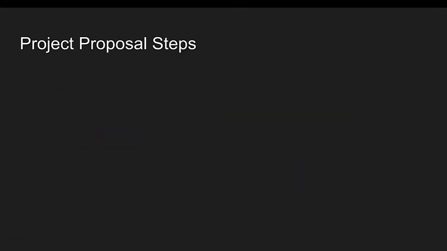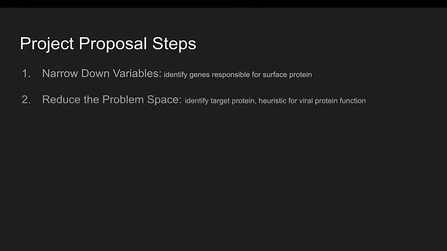The project proposal includes 3 steps. 1, narrowing down the variables, identifying the genes responsible for surface protein. 2, reducing the problem space, more specifically identifying target protein and using those as heuristic for viral protein function. And third, bounding the variations in problem space, predicting mutations of the viruses and using the mutated virus as a path for creating the vaccine.